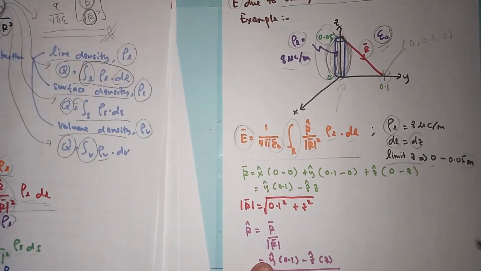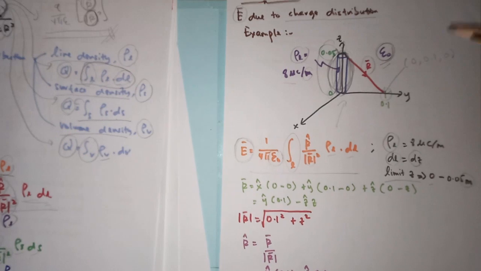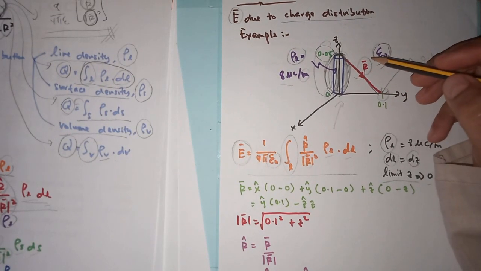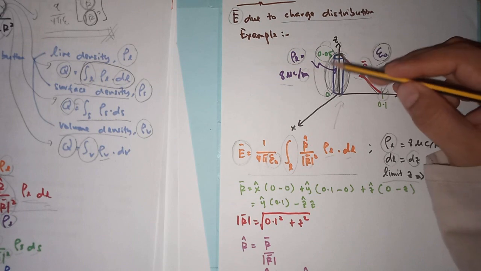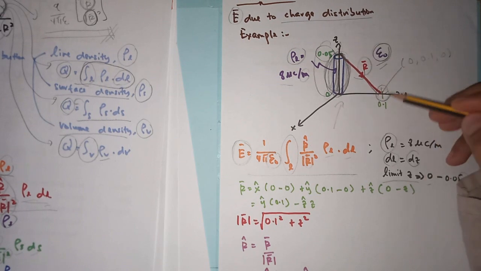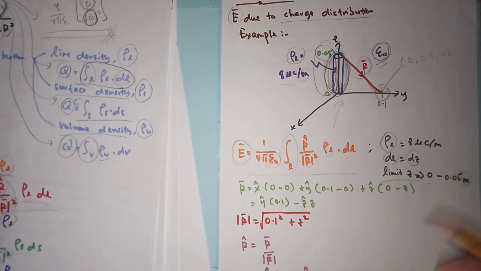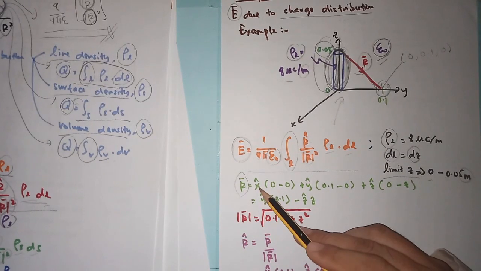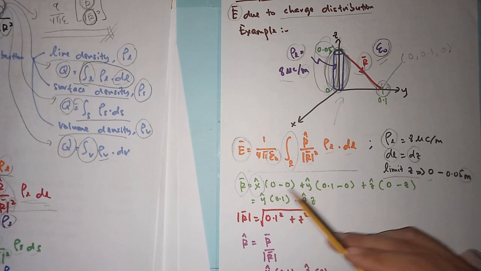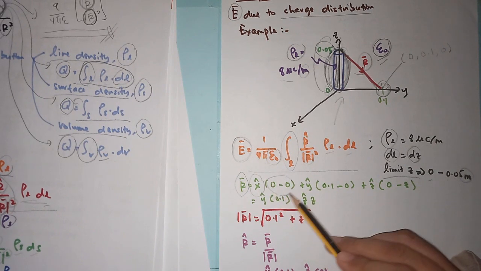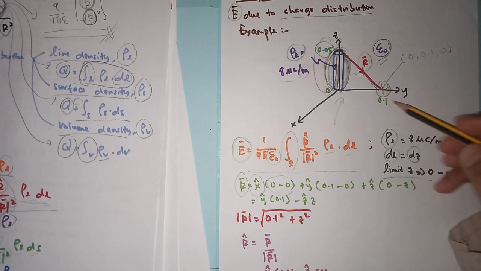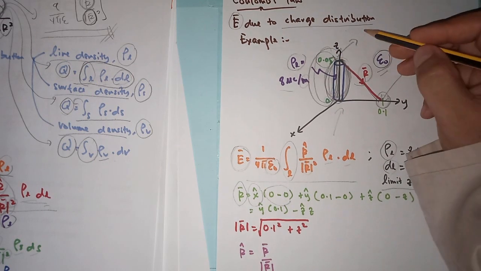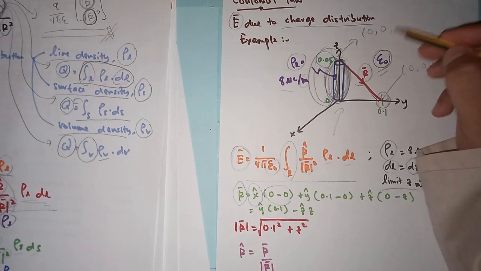First we need to derive this vector, the vector that represents the direction and distance between our line and our test point here, similar to what we derived just now. The vector r is equal to x cap 0 minus 0, because on this line we have a coordinate of 0, 0, z.